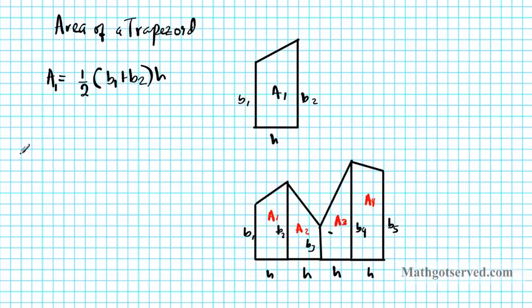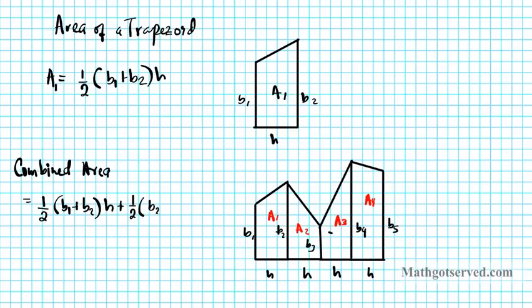So let's write the combined area. It's going to be the expression. The first, A1, is 1/2 b1 plus b2 times h. That's for this trapezoid. And then add on A2. A2 is going to be 1/2 times b2 plus b3, since b2 and b3 are the parallel sides for A2, times h.